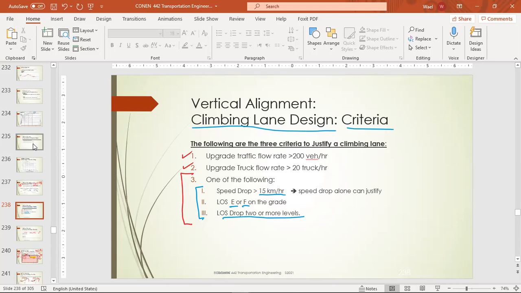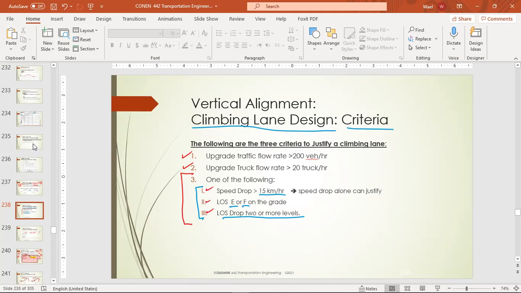Then one of these criteria: either the speed drop is greater than 15 kilometers per hour, or there's a drop in the level of service to the level of E or F, or there's a severe drop in the level of service by 2 or more levels.